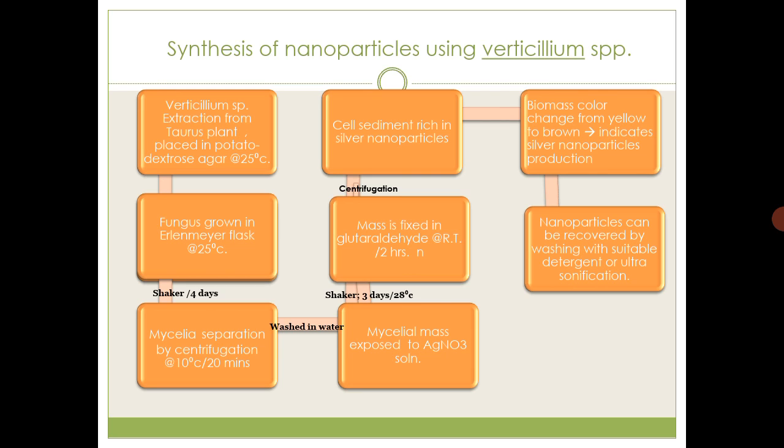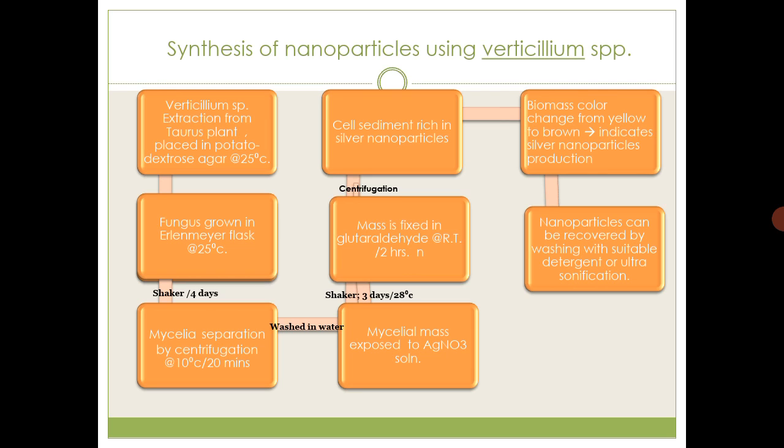After that, we harvest the mycelial mass, and that should be exposed to our silver solution, that is the AgNO3 solution, through which we are going to check whether the species is able to synthesize the silver particles or not.